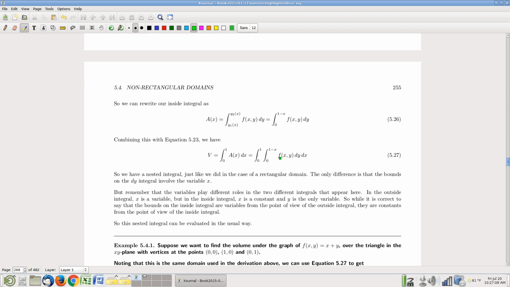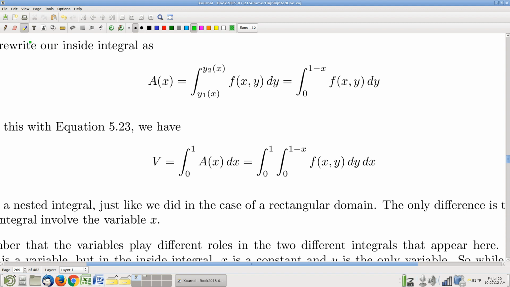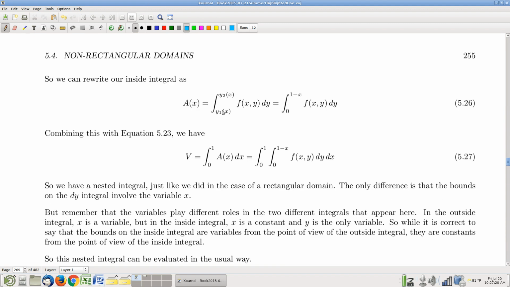Okay, let me write that down. We were computing this initially as a double integral over the domain of f of x, y, dA.